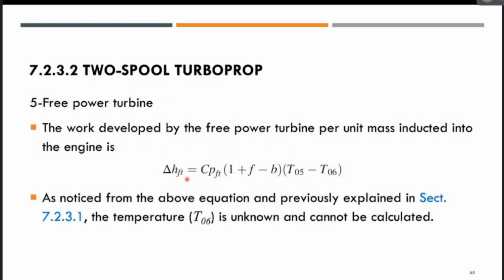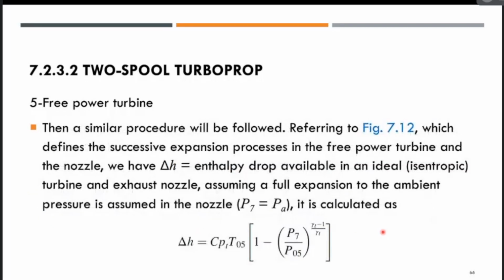For the free power turbine, the work developed by the free power turbine per unit mass inducted into the engine, you can see there H_FT, the free turbine, as noticed from the above equation, previously explained in earlier section 7.2.3.1 for the single spool turboprop, the temperature T06 is unknown and cannot be calculated. All right.